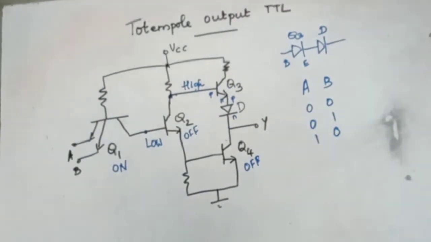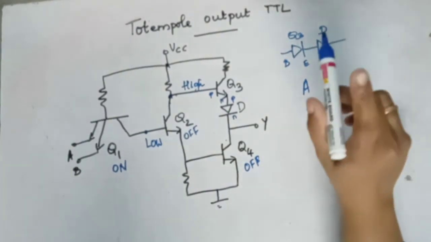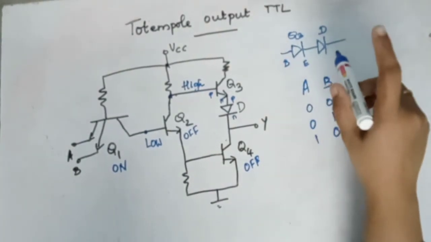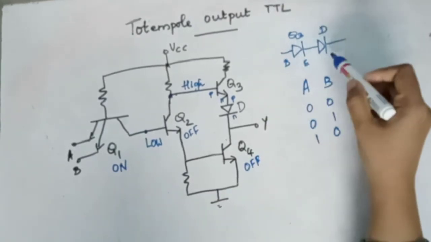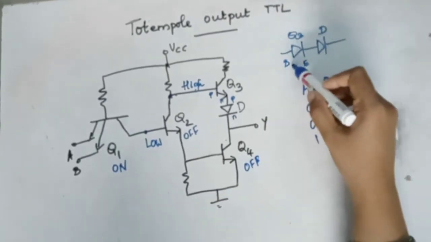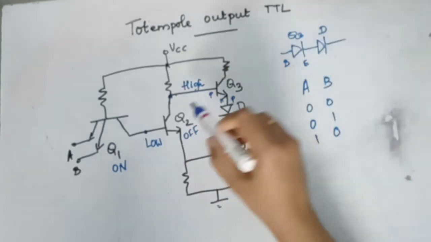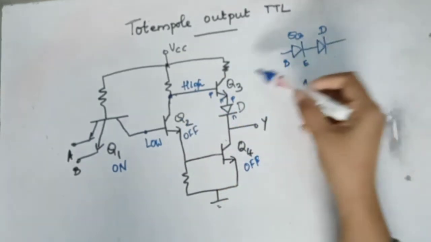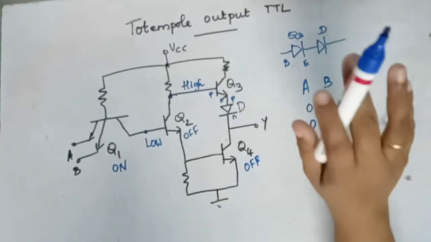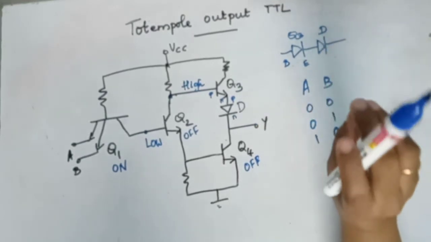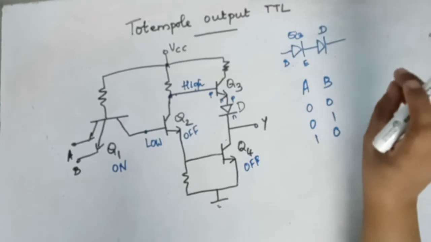So you can say that Q3 and D is either on at the same time or off at the same time. You can't have Q3 on and D off, or Q3 off and D on. Just like in the case of Q2 and Q4, Q3 and D is either on or off. Both will be in the same state.